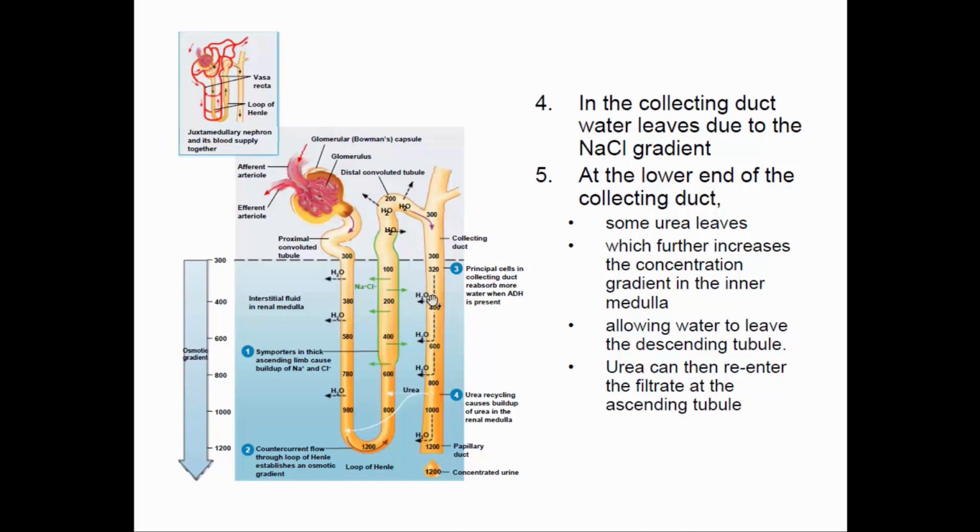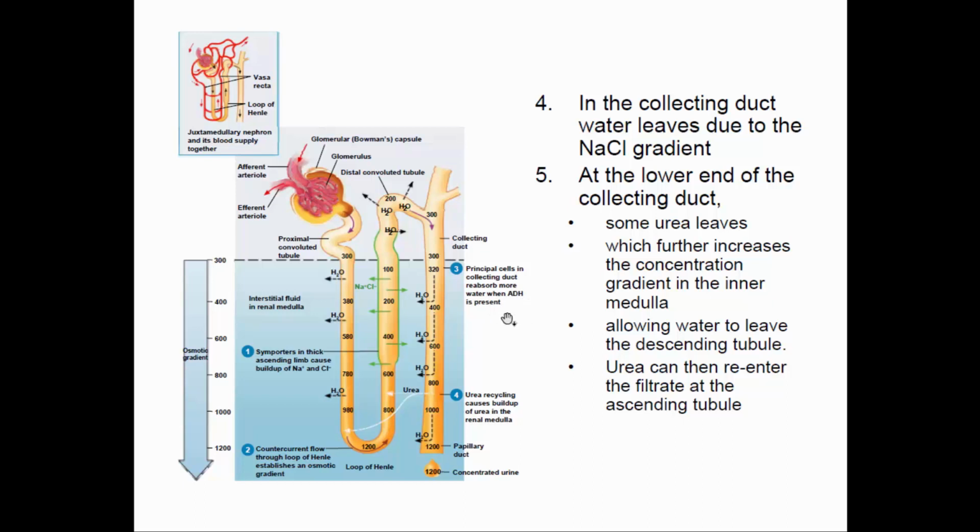Now let me be a little more specific here. The reason the water is leaving in the collecting duct is because this person is dehydrated for whatever reason, and so ADH, antidiuretic hormone, is going to be released. As it says here, principal cells in the collecting duct reabsorb more water when ADH is present.